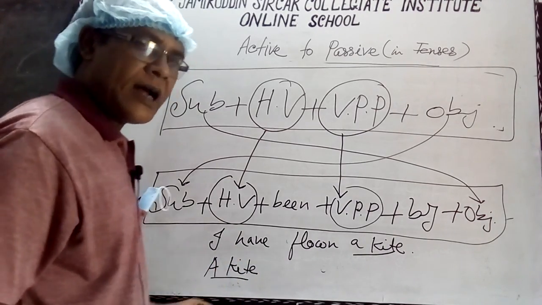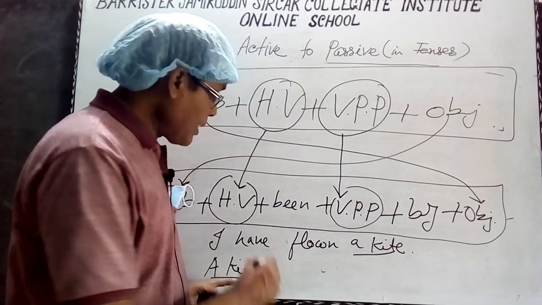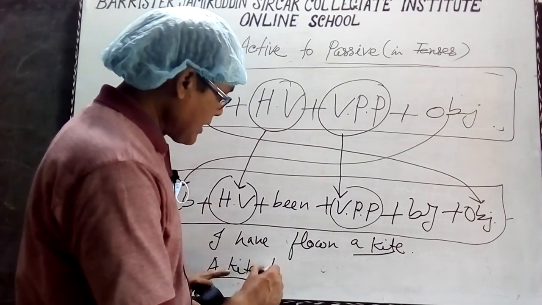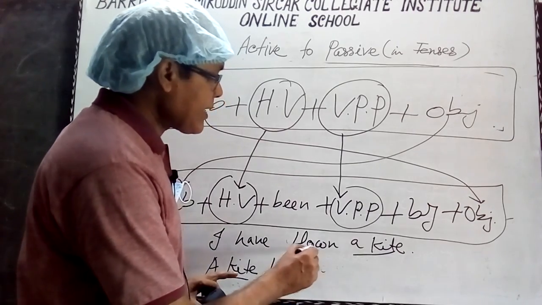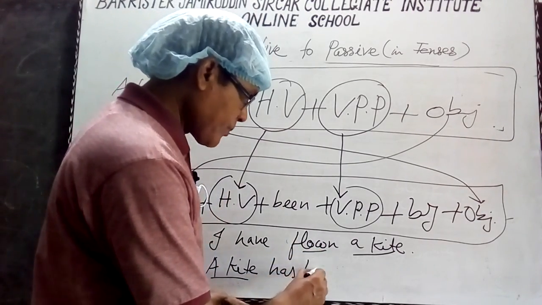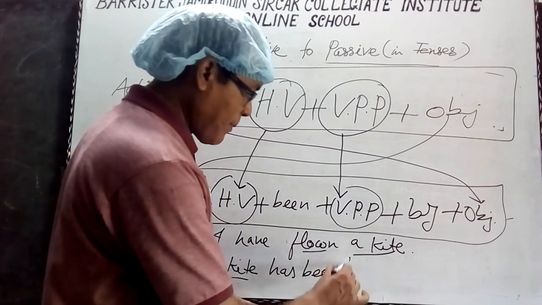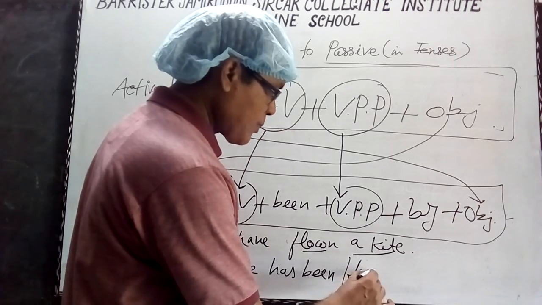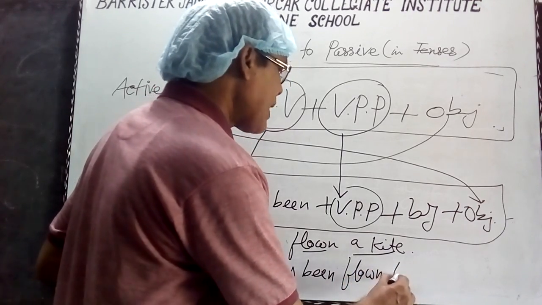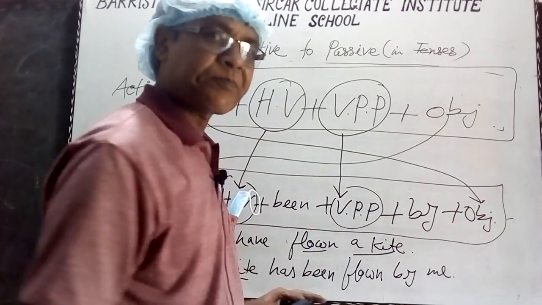As a kite is third person singular, the helping verb takes "has". The verb is in the past participle form, so we must put "been" after the helping verb, then the verb in the past participle form, and by "I" will be changed into "me".